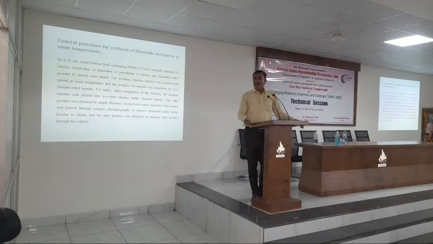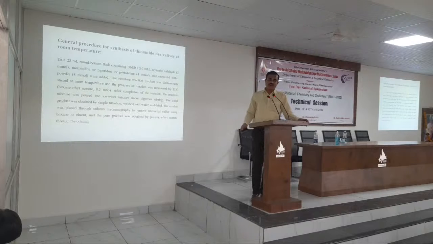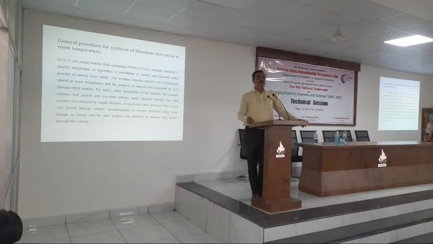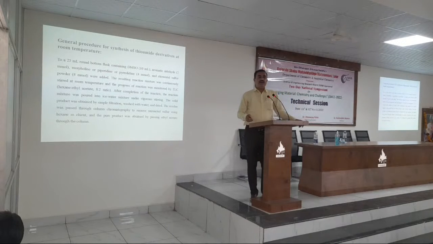The progress of reaction was monitored by TLC, and after completion you can pour it in ice water, stir it, filter it, wash it, dry it, and purify it using a column to remove unreacted sulfur. We are using excess of sulfur, so we have to remove it by passing through a column. And finally, pure product is obtained by passing ethyl acetate as eluent.